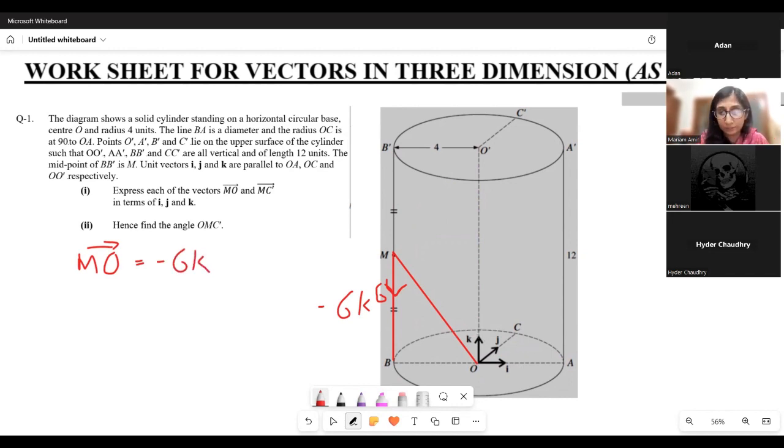Then we're moving right. How many units right are we moving? Radius was 4. 4 units towards the right, and the right direction is I. So plus 4I.